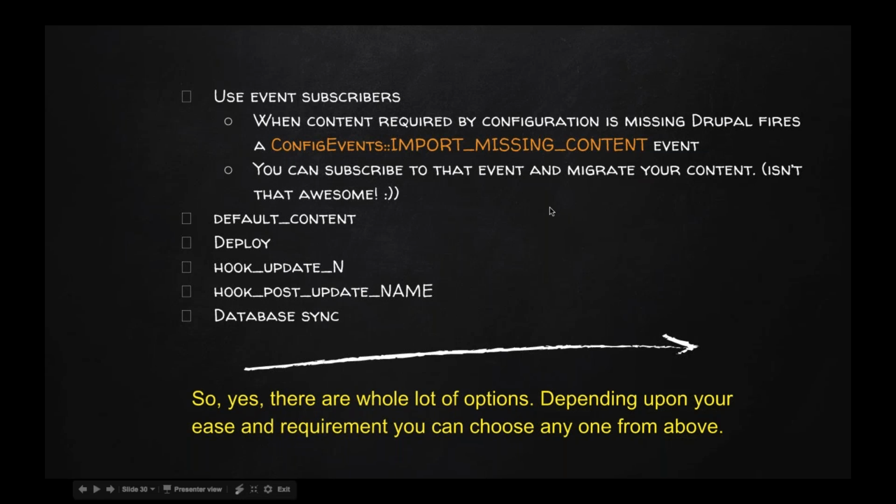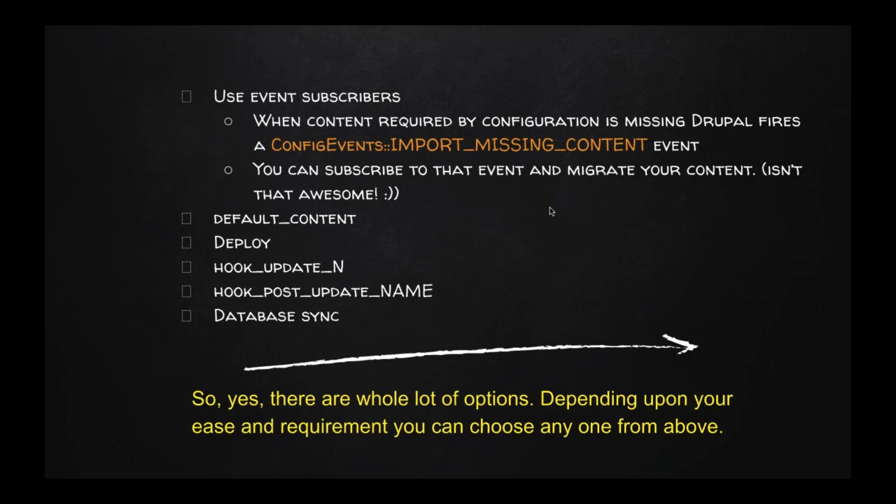But again, it will highly depend on developers. You should know event subscribers and how to code Drupal. Another way is to use the default content module. Default content module allows you to add some default content using your modules.